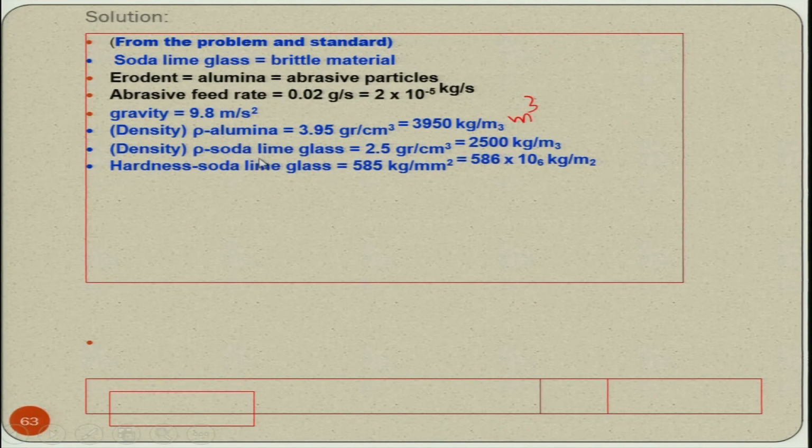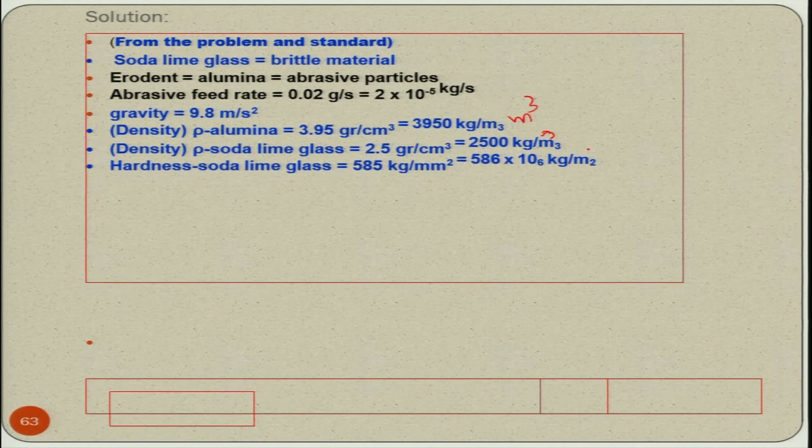And then the density of soda lime glass, that is the workpiece material or the eroded material, is 2.5 gram per cubic centimeter, which is 2500 kilogram per cubic meter.